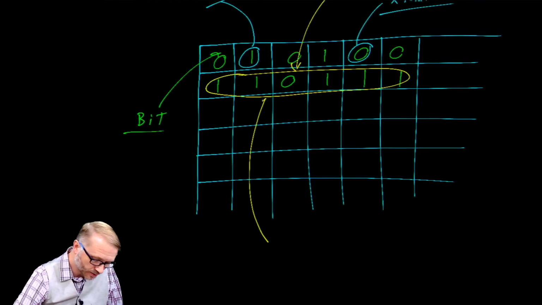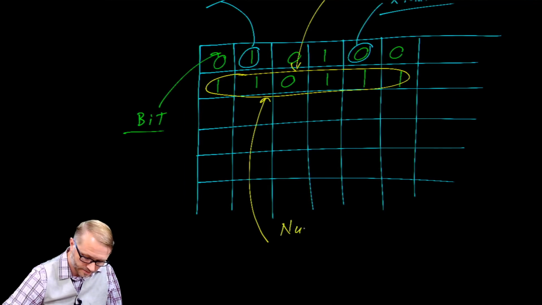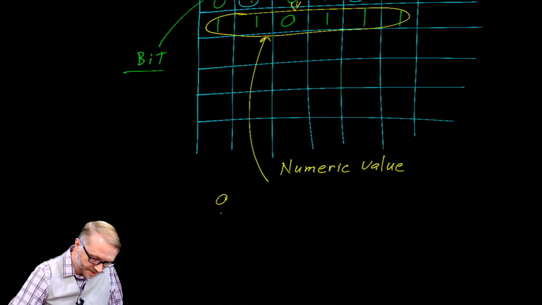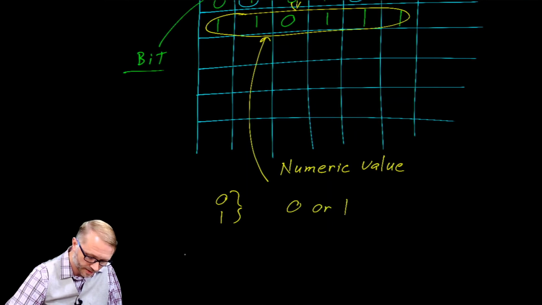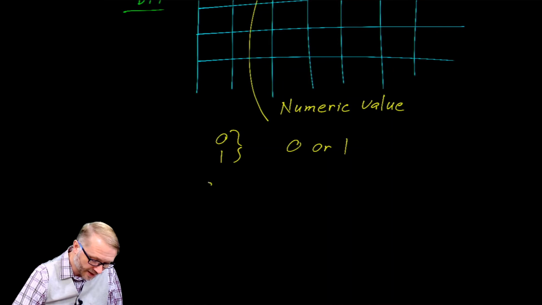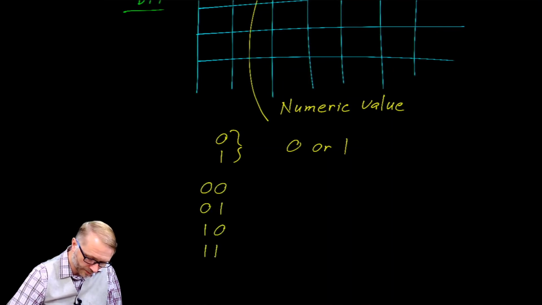Suppose you wanted to store a numeric value. Well, if you had one bit, you could store the number 0 or 1. If there were two bits, they could take on the value 00, 01, 10, or 11.